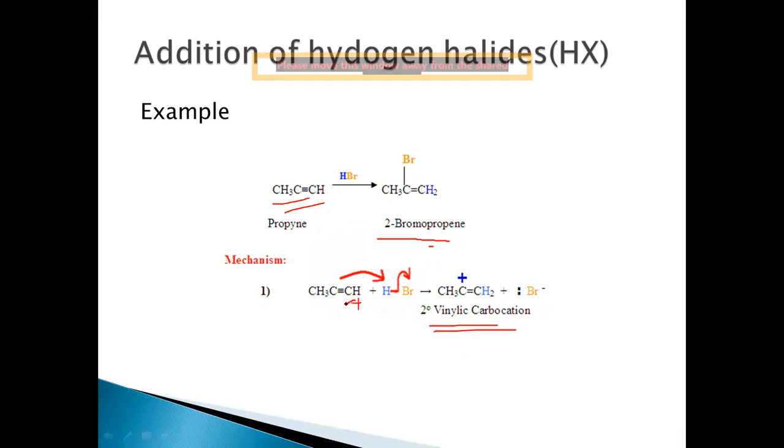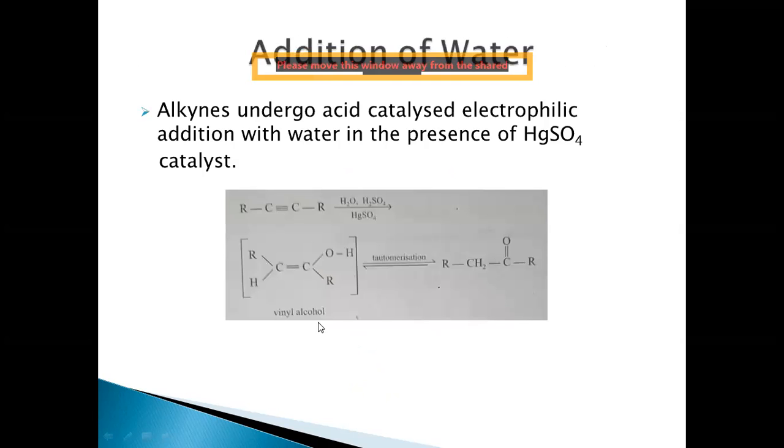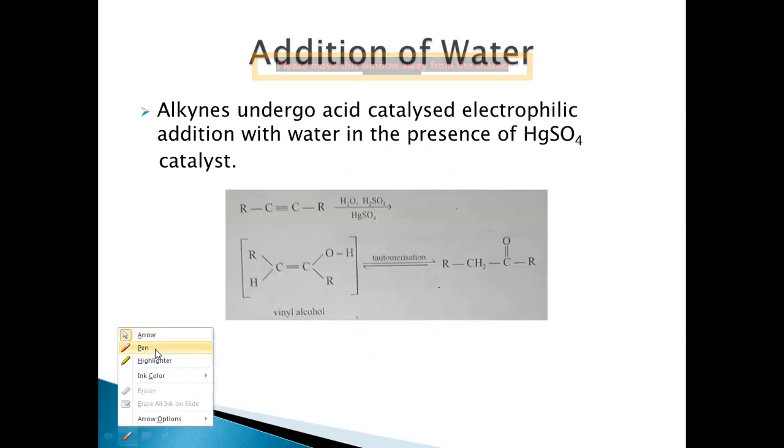If the charge is developed on the other carbon, it results in a less stable primary vinylic carbocation, so this is not formed. Then in the second step, Br minus will attack this carbon, resulting in 2-bromopropene.